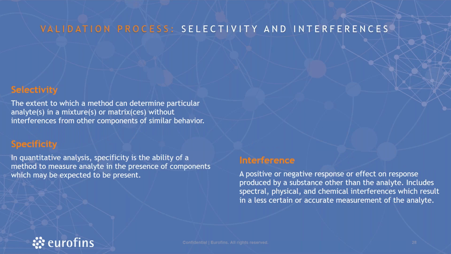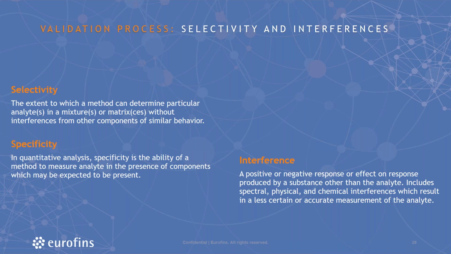Selectivity, again, we talked about this a little bit. You want to make sure whatever you're measuring is only measuring the compound that you're targeting, and nothing else is impacting that. Specificity in quantitative analysis is the ability to measure the analyte in the presence of components.